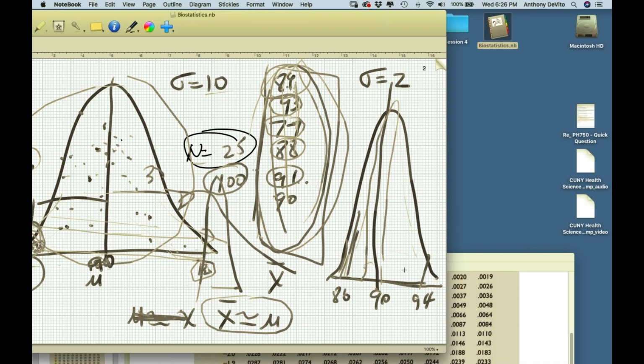Sometimes you're going to be below it, sometimes above it, but if you did it over and over again with the same size sample, the variability of the means would be a lot smaller than the variability of the individual blood pressure values of the people in the population. Does that make sense to you guys?